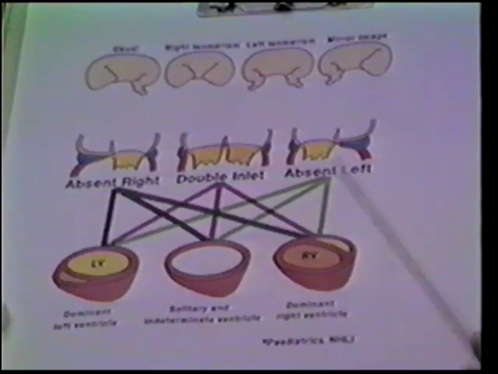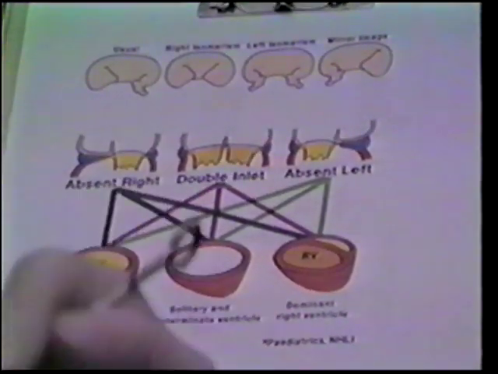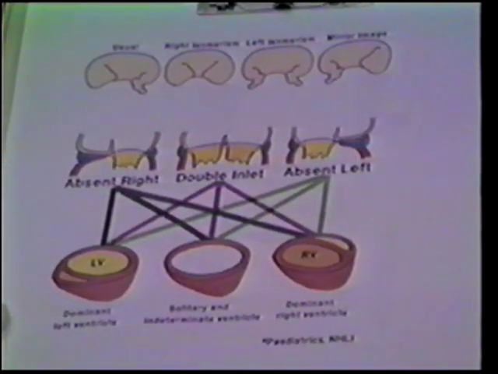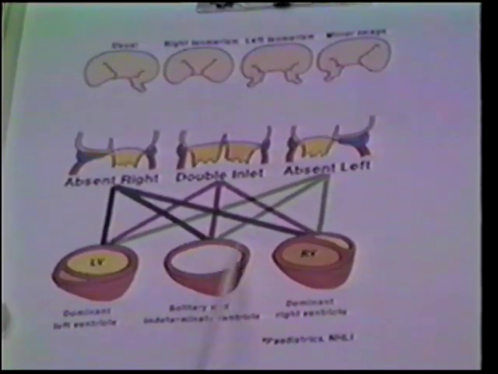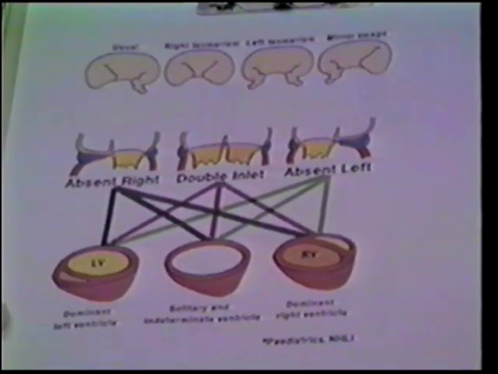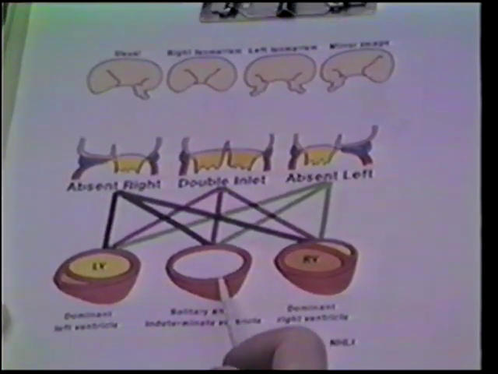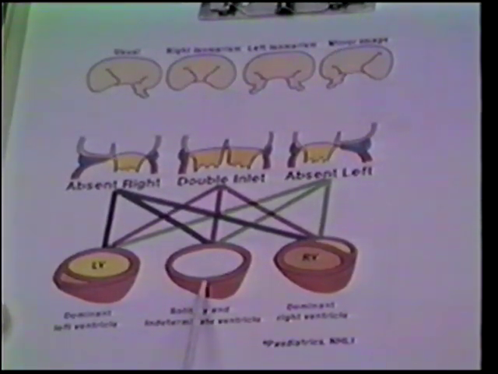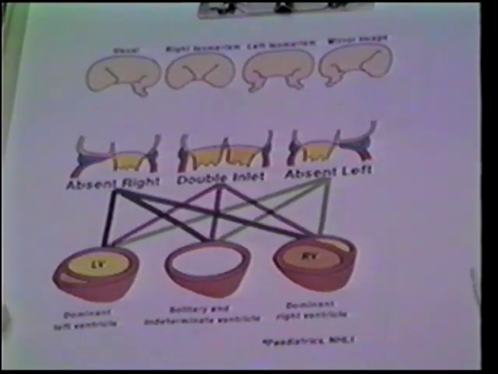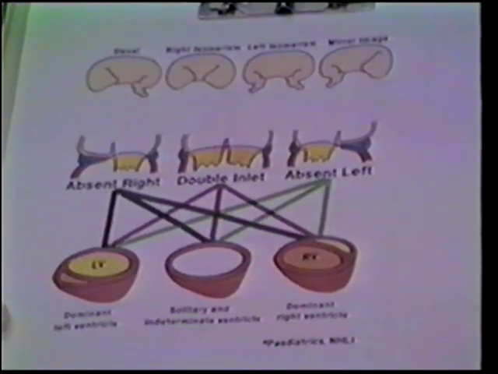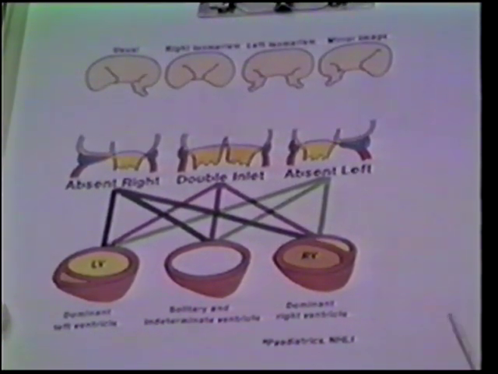Now, in terms of ventricular morphology, there is also variability. The true single ventricle is a connection to a solitary ventricle which has indeterminate type of trabecular pattern.